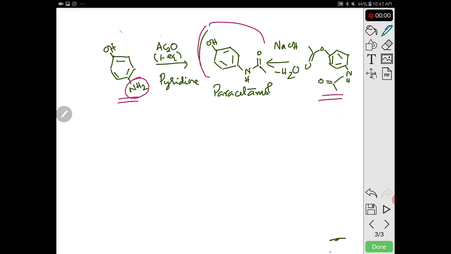The acetic anhydride reacts in a nucleophilic addition reaction. If you take OH and NH2, the nucleophilicity of NH2 is greater than OH, that's why it is selectively attacking this position. So the nucleophilicity of NH and OH determines the chemoselectivity of the reaction.